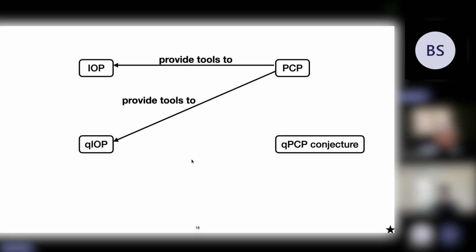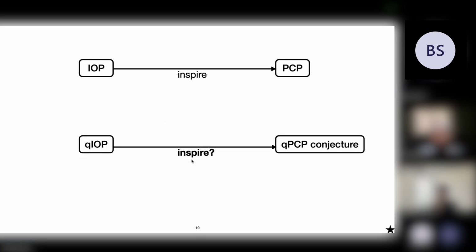But we don't really have reference to the tools in quantum PCP conjecture because it's not proven. On the other hand, it's known that IOP with certain parameters implies certain PCP exists. For us, it's not known yet whether quantum IOP is going to imply quantum PCP.